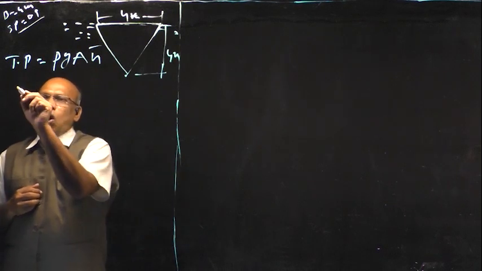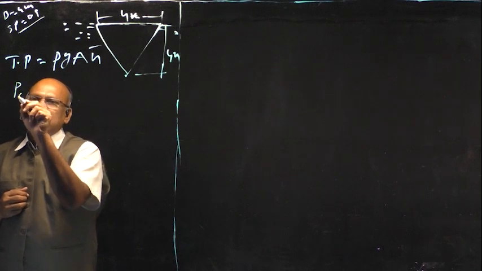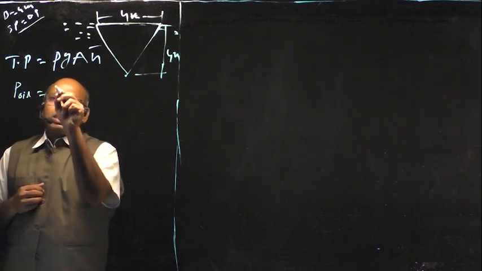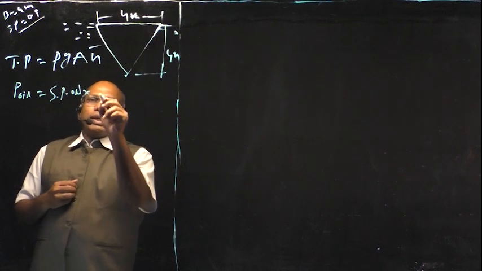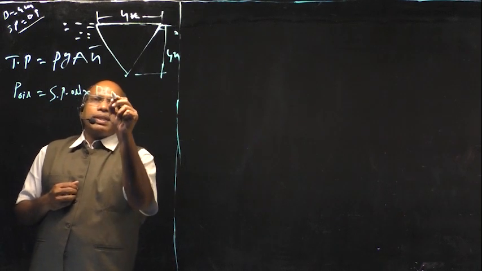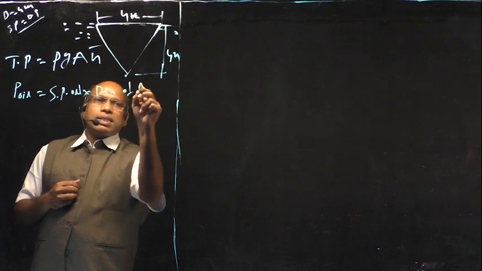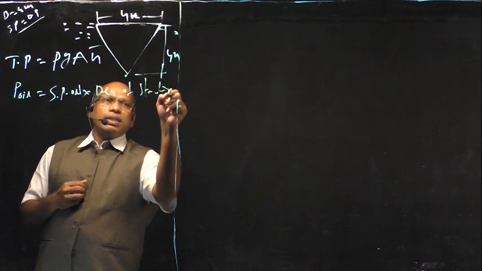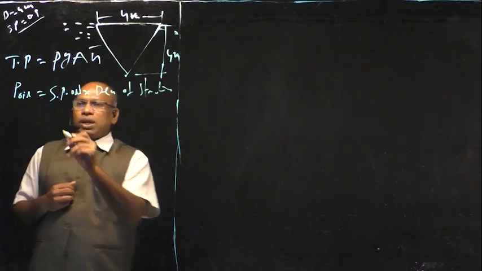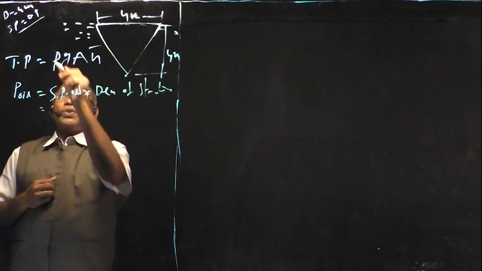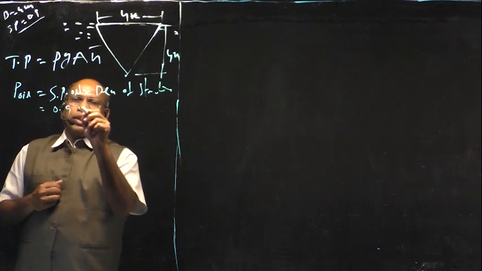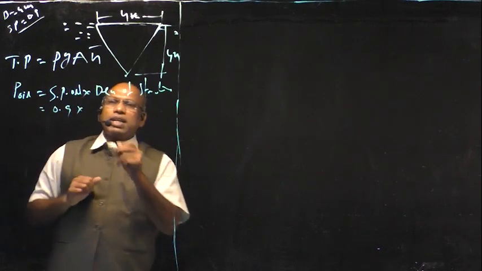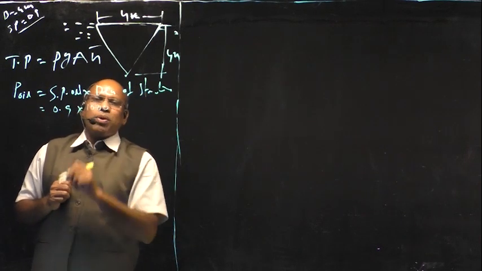Therefore density of oil equal to specific gravity of oil into density of the standard liquid. Specific gravity of the oil is 0.9 into density of the standard liquid, that is 1000 kg per meter cube.